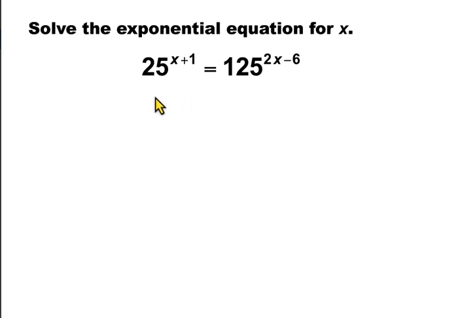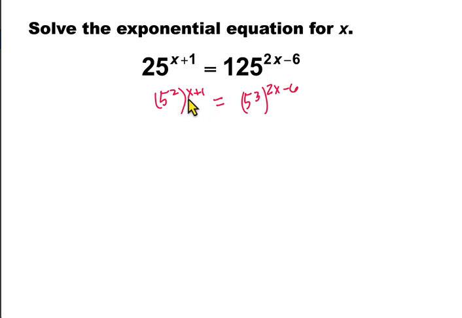Here's how. 25 can be rewritten as 5 squared, and this entire expression is raised to the x plus 1 power. And then on the right, 125 can be rewritten as 5 cubed, and this entire expression is raised to the 2x minus 6 power.